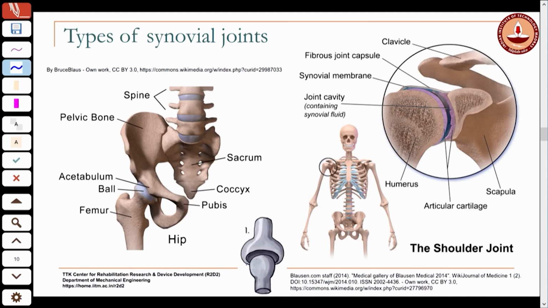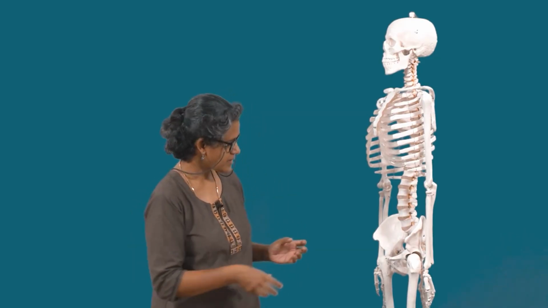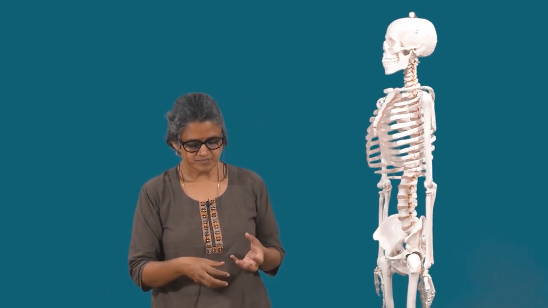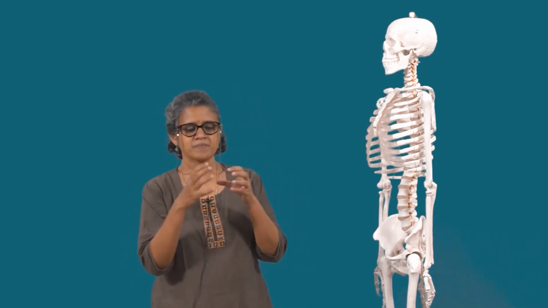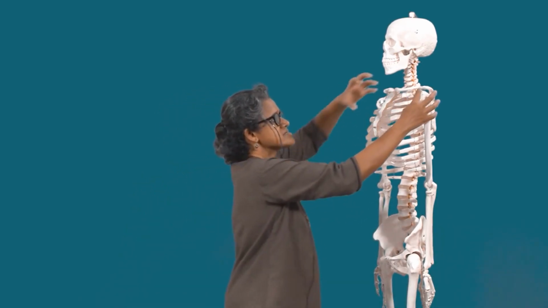Now, at the hip, the socket is quite deep and the ball sits nicely in the socket, so the hip is a more stable joint than your shoulder, because the hip has to participate in weight bearing. At the shoulder, the socket is quite shallow and the ball sits mostly outside.